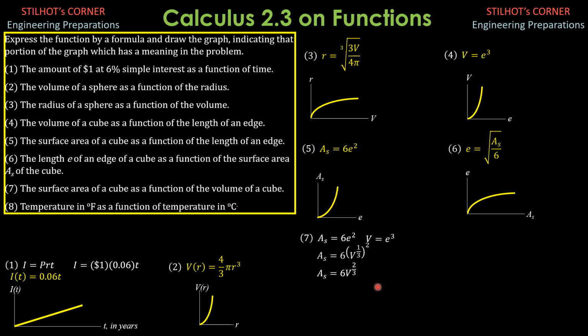So the graph looks like this also. So it is plotted as shown. Sorry, it looks like that. So the volume should increase rapidly, and area S also, because of the constant 6.